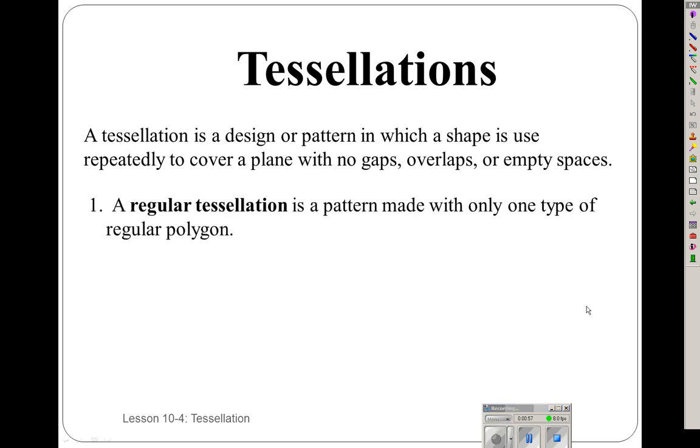A regular tessellation is a pattern made with only one type of regular polygon. So it could be an equilateral triangle or a square or just any regular polygon, where all sides are congruent and all angles are congruent.